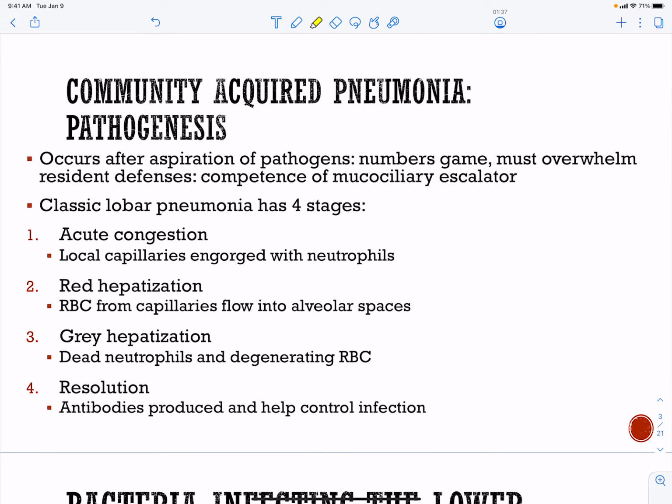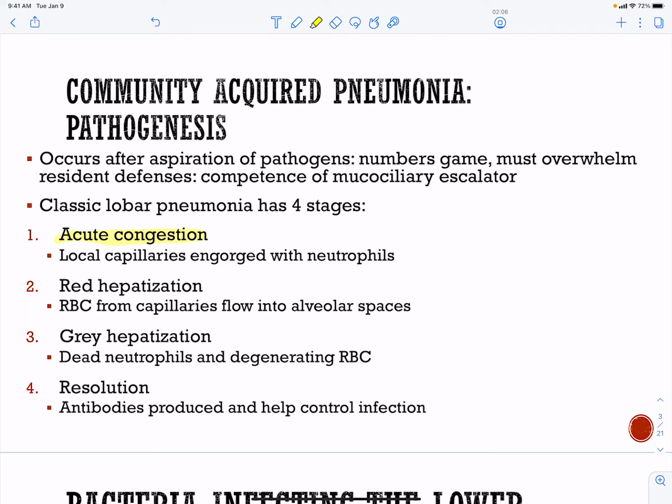Pathogens that are community-acquired are going to be our classic lobar pneumonia. And it typically will have four stages, starting with acute congestion. This is where the bacteria move in. Your white blood cells, your neutrophils, will try to contain and eliminate the bacteria, and your capillaries, the blood vessels that feed the alveoli, are going to become swollen with these neutrophils.